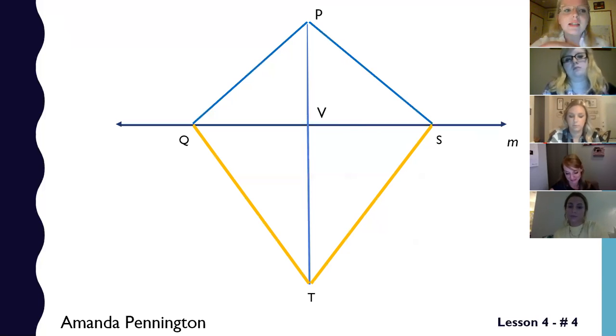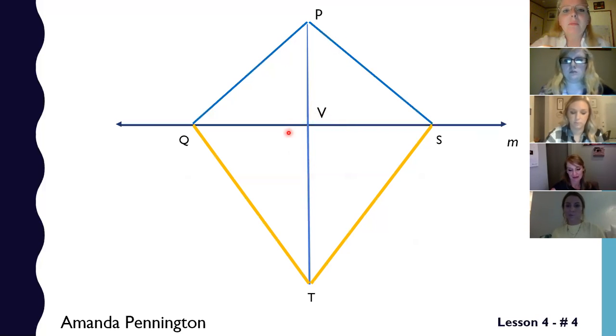Okay, so in this line M, we can see that we are going to look at these blue lines that are connected. So we have Q to P, that blue line that we're looking at, and S to P that we're looking at. And we know that that line right down the middle is kind of like a cookie cutter, right down the middle of a cake.